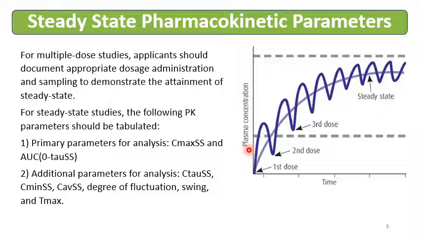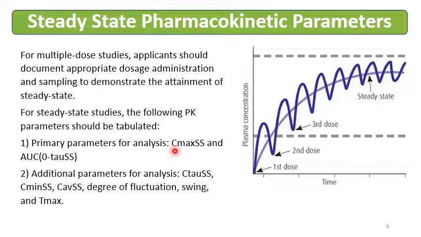See here, the plasma concentration versus time is given, first dose is given, and like this dosings are going on. Here, after how many doses? 1, 2, 3, 4, 5, 6. Around 5 to 6 doses, the steady state is achieved. So the pharmacokinetic parameters will be of two types, primary and additional.